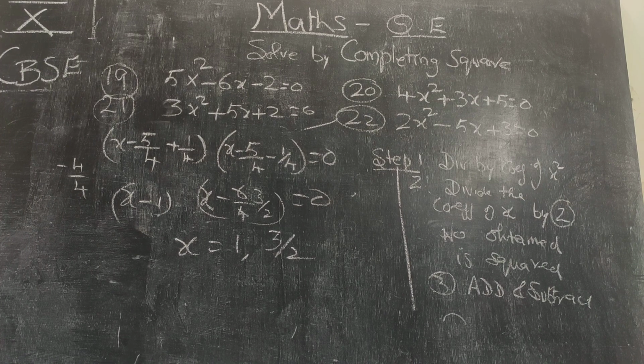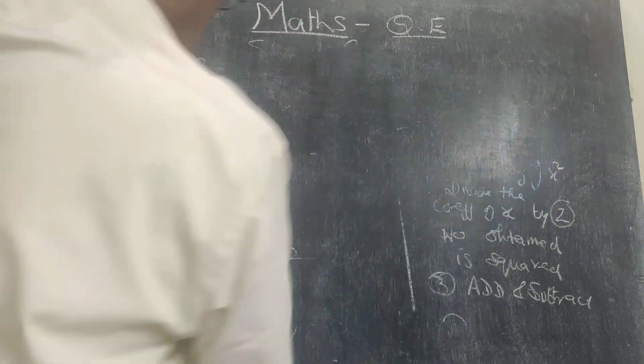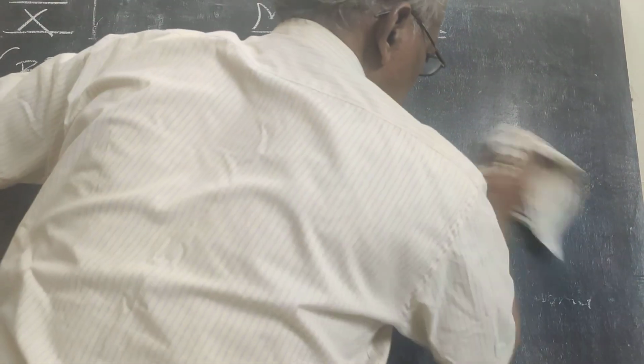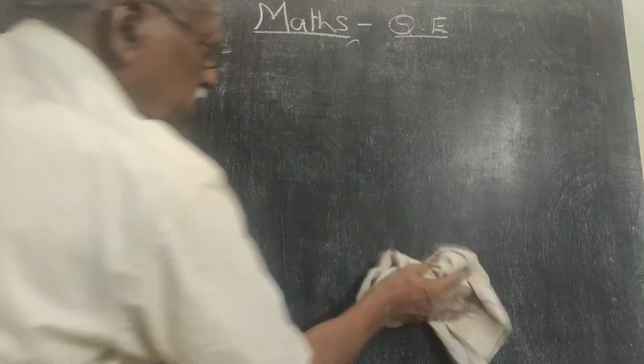So before we complete, let me just do one problem: how to multiply a 2-digit number with a 2-digit number, apart from your book question. Just for fun, to show how maths is interesting, how the numbers are fascinating.